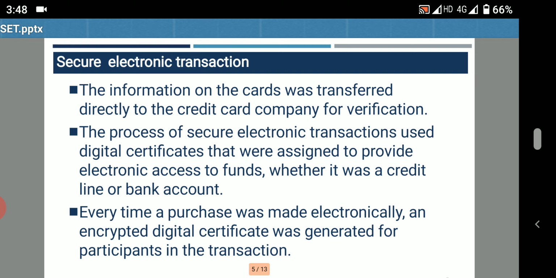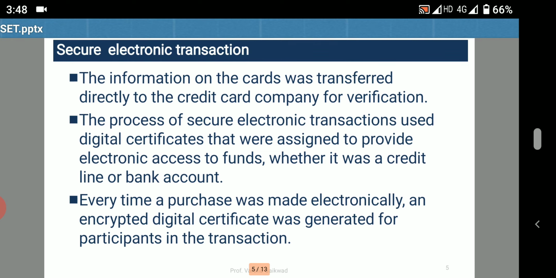So, what are digital certificates? These certificates are used for verification. When an online transaction happens through a website, digital certificates help to avoid fraud in any online format. Every time a purchase was made electronically, an encrypted digital certificate was generated for participants in the transaction.